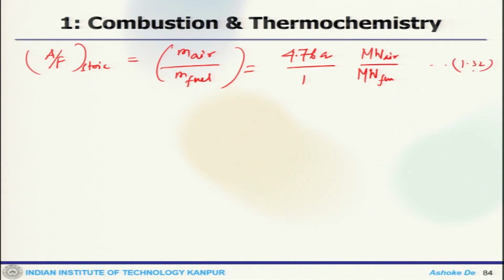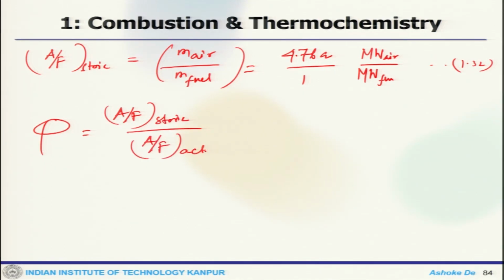The equivalence ratio is defined as the air by fuel stoichiometric over air by fuel actual, or one can write fuel by air actual over fuel by air stoichiometric.